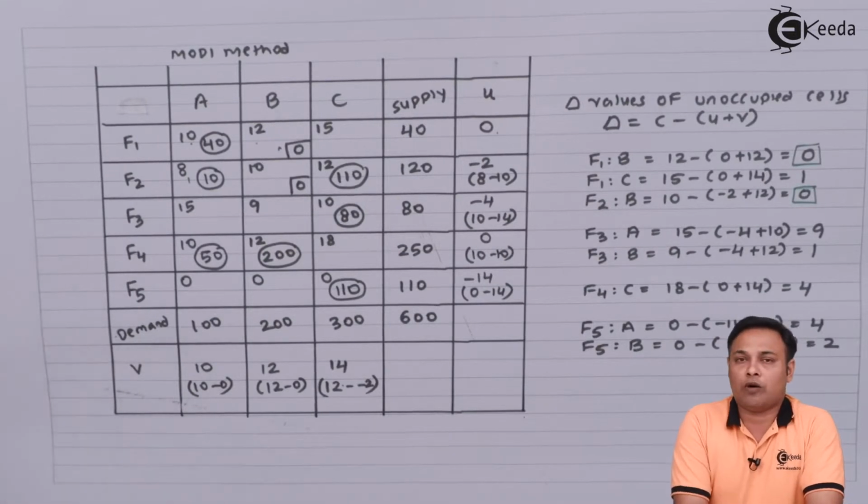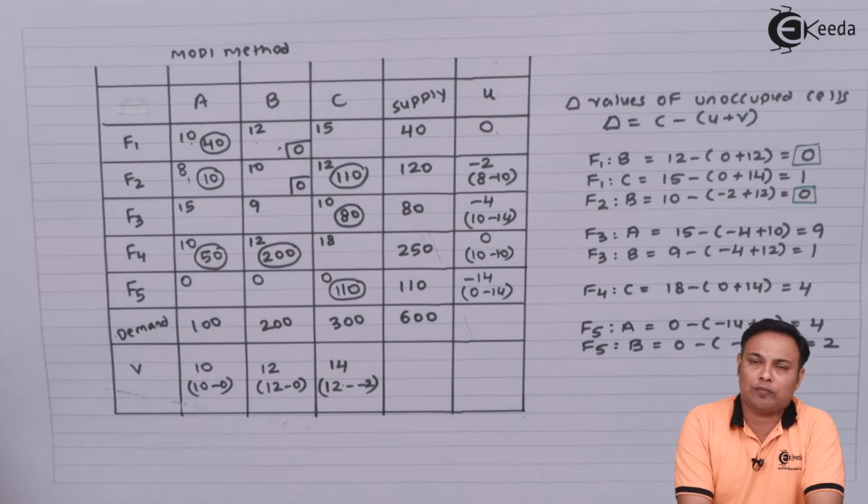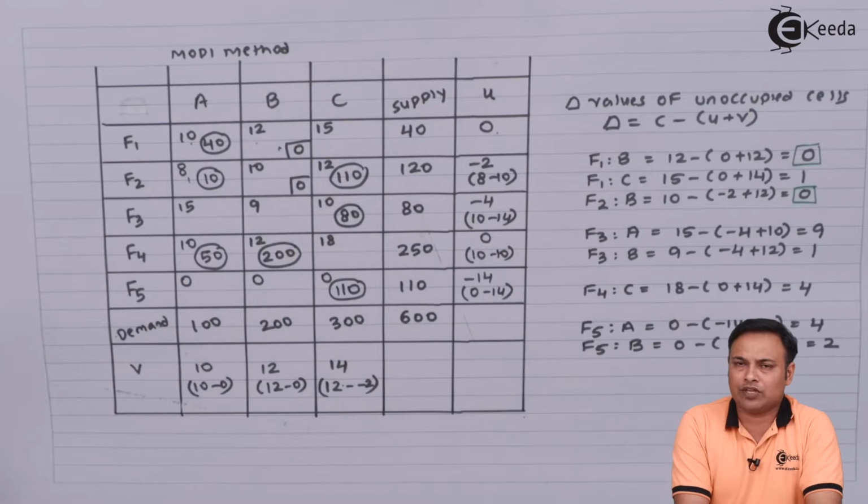What to do to obtain another solution to the problem? We are not going to do anything new here. We are going to simply draw the loop by using any one unoccupied cell with a delta value of 0. Take the unoccupied cell whose delta value is 0, make a loop and modify the solution so that you can get another solution. So it's not something new we are doing.